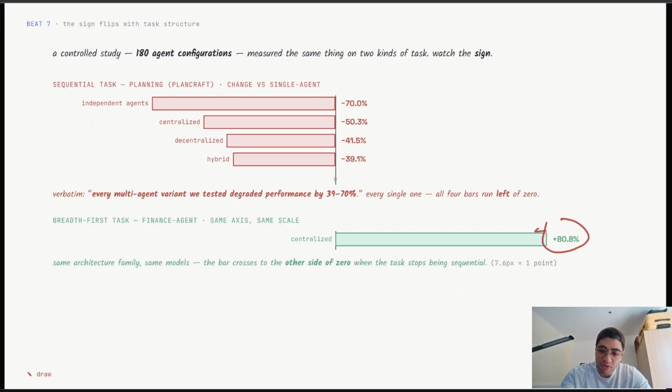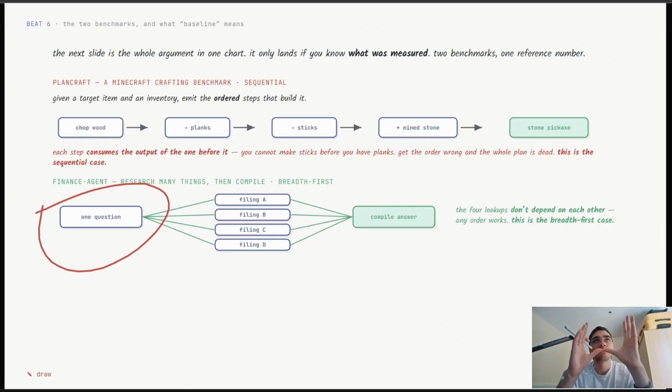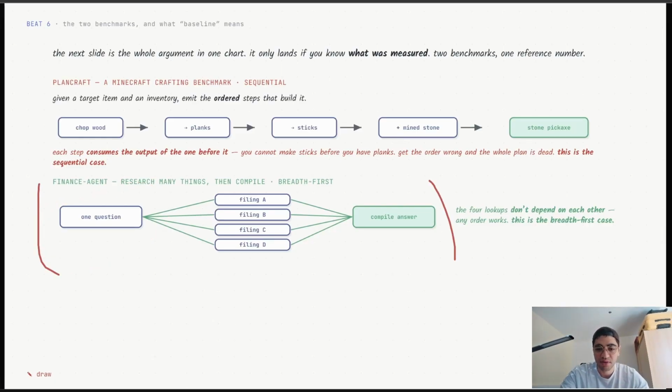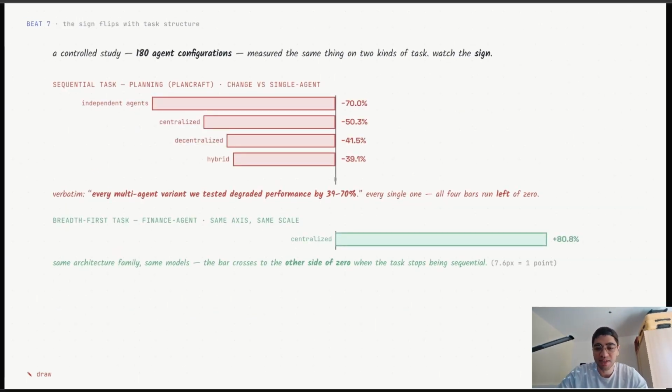And so for decentralized, you have the agent and it's splitting basically like this. So you're basically imitating the format of the question, this is the shape of the benchmark, and you are basically basing your architecture on that benchmark. You're having an increase of 80.8%.